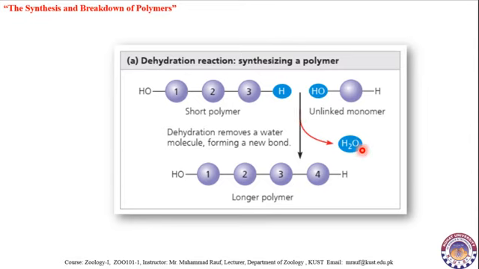The water molecule is released and the bond is formed. This bond is a glycosidic bond in the case of carbohydrates, and a peptide bond in the case of proteins. This reaction is repeated again and again, and a long chain is synthesized, which is called a polymer.